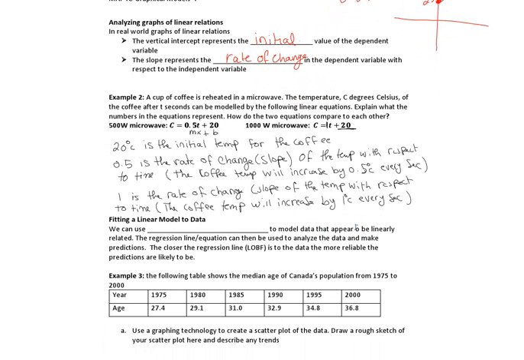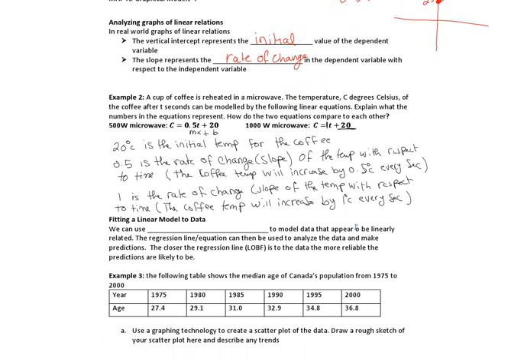So what's happening to your temperature every second? It's increasing by how much? By 0.5. So for the first one, when you put the microwave on for like 20 seconds or 30 seconds, every second your food is gonna increase by half a degree. Okay? That's what it means.